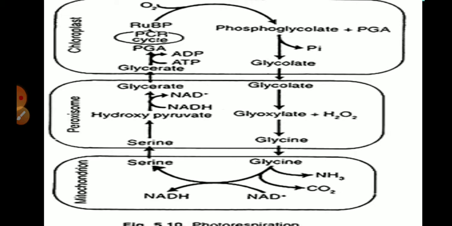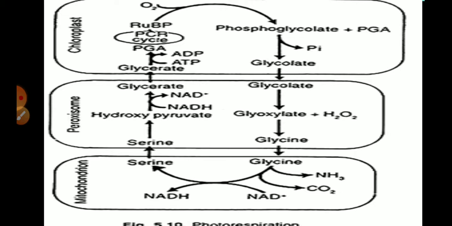Now this phosphoglycolate, because it is very toxic, will soon change into some other compound. It releases one phosphate, and changes into not phosphoglycolate, but just glycolate. Now this glycolate will enter into peroxisomes.